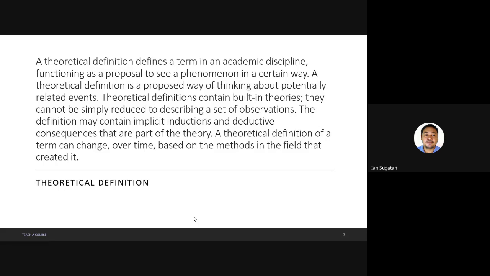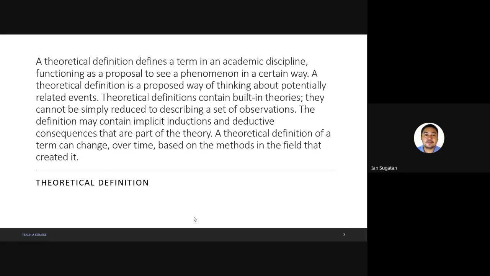Of course, they are built in, and they cannot be simply reduced to describing a set of observations. So it's not nga kung obserbaran ninyo nga mo kada mo duda, hindi pwede. So it must be tested first before you can conclude that your system is very much implemented sa institution, sa organization, or sa tao nga magamit kay inyong system.